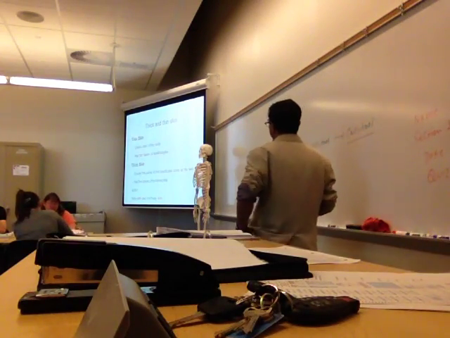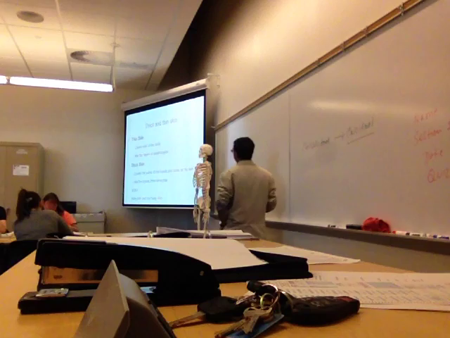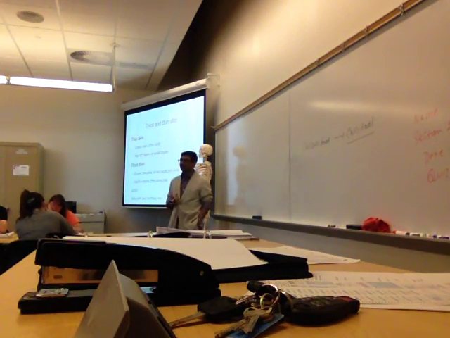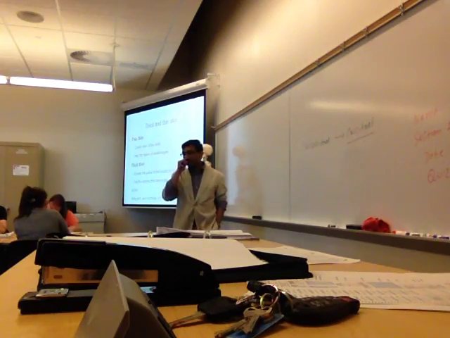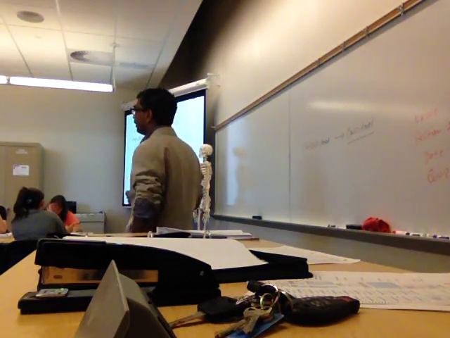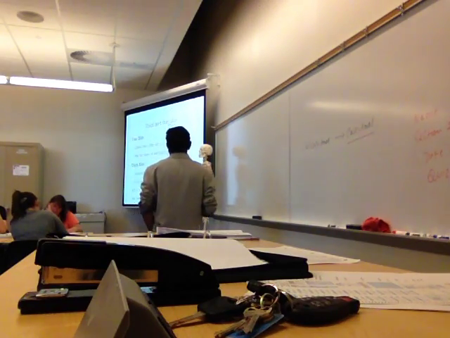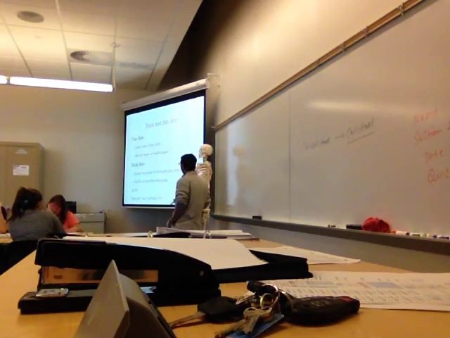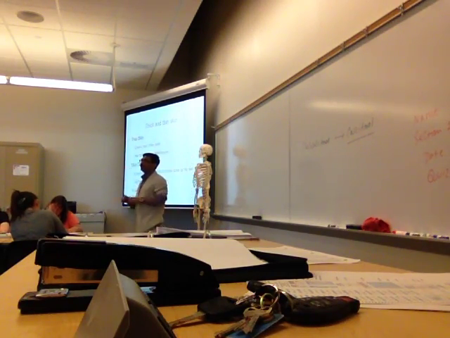Okay, now we talk about different types of skin present in our body. We can divide the skin in two different ways. Number 1, which is more important, thick and thin. Thin skin covers most of the body, and thick skin is present in particular areas.